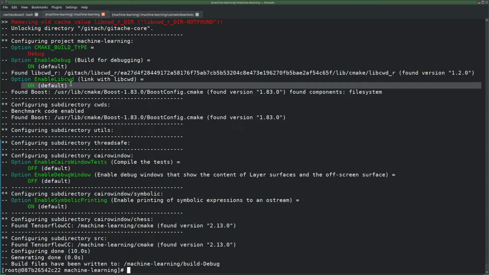Everything is on. Debug build, enable debug, enable libcwd, enable create window tests. Debug windows off, enable symbolic printing is on. I think I want this one to be on, right?